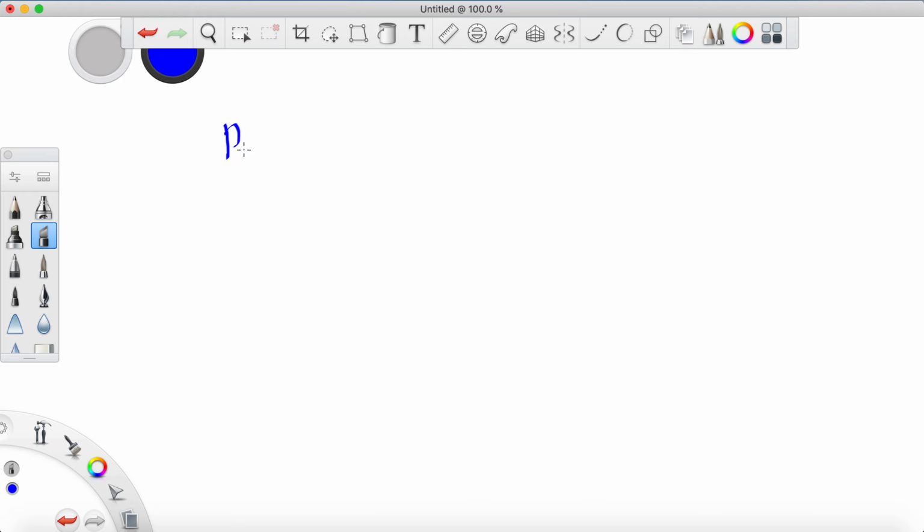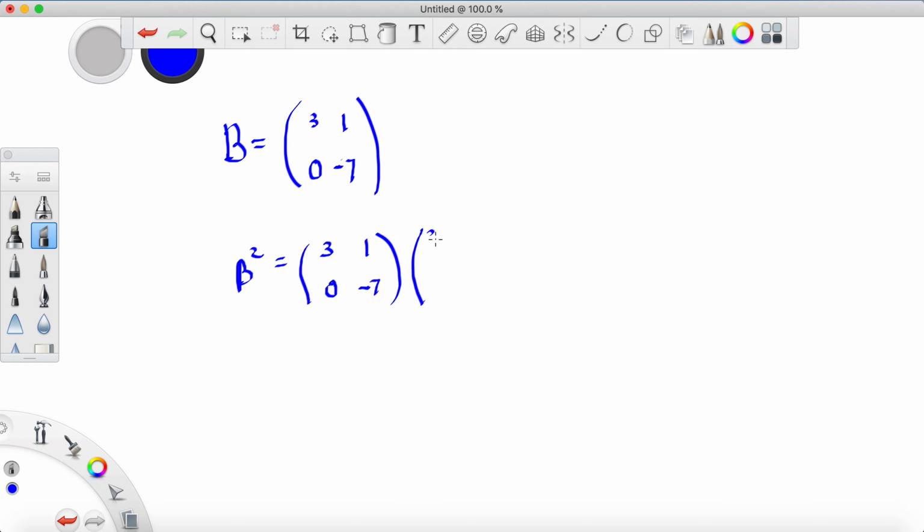Suppose our matrix B was 3, 1, 0, and -7. What is B squared? B squared is just 3, 1, 0, -7 times 3, 1, 0, -7.